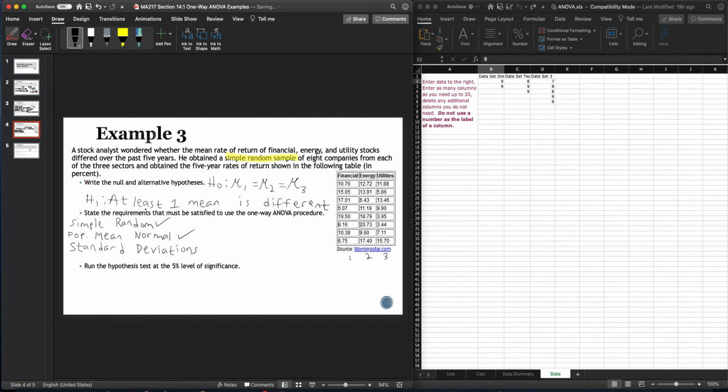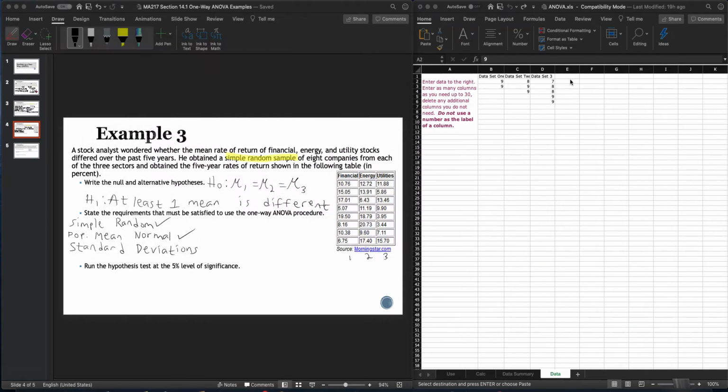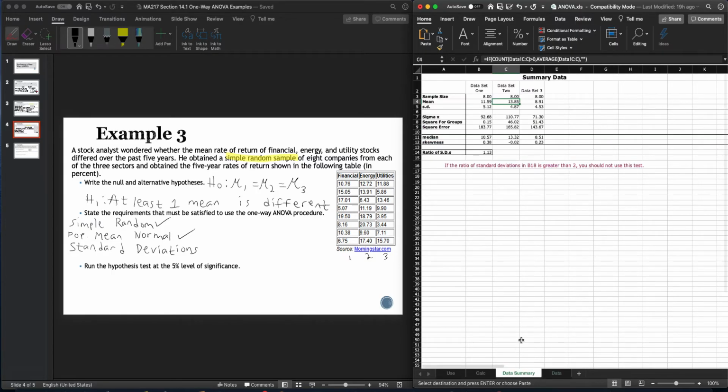Let me paste the data that I have into the Excel template to my right, and we can see what's going on with that. So on here, the data summary shows the ratio of those standard deviations to be 1.13.